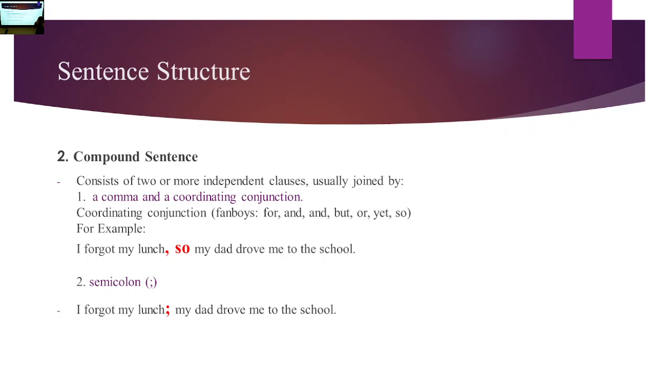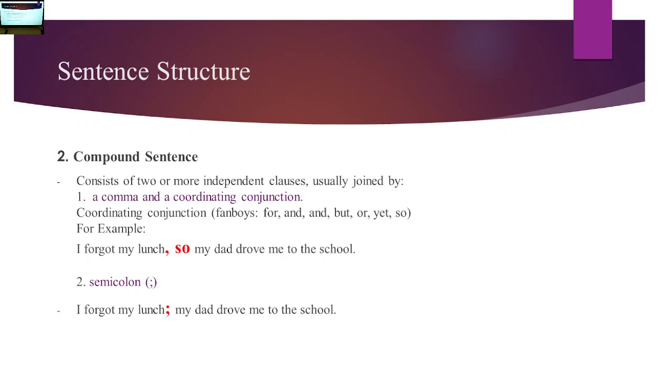These two independent clauses should be joined in order to make one sentence, which we call a compound sentence. How can we join these two clauses? By a comma and a coordinating conjunction, or a semicolon. When I say coordinating conjunction, I want you to remember the FANBOYS. Remember? FANBOYS is short for for, and, nor, but, or, yet, and so.